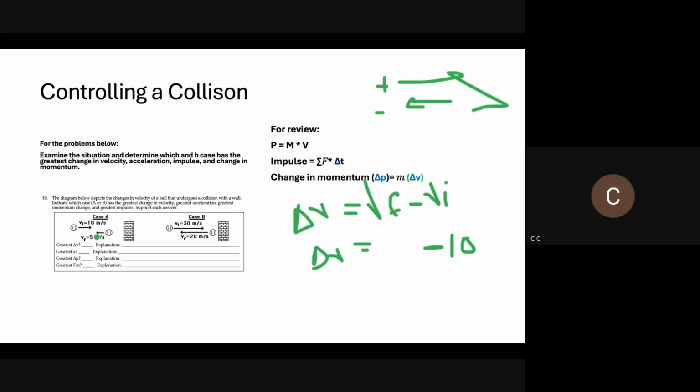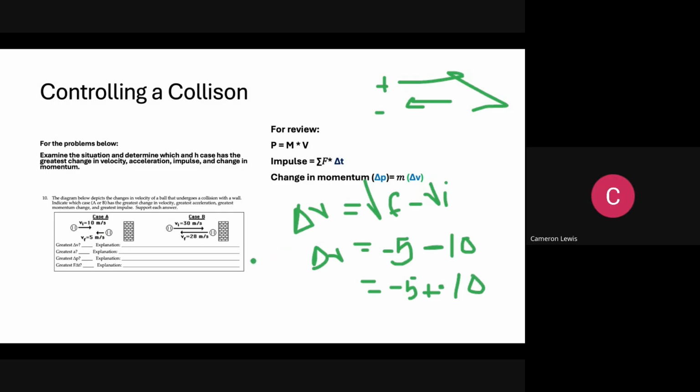Negative 5. What is negative 5 minus 10? Or if I switch it to make it easier, negative 5 plus a negative 10.